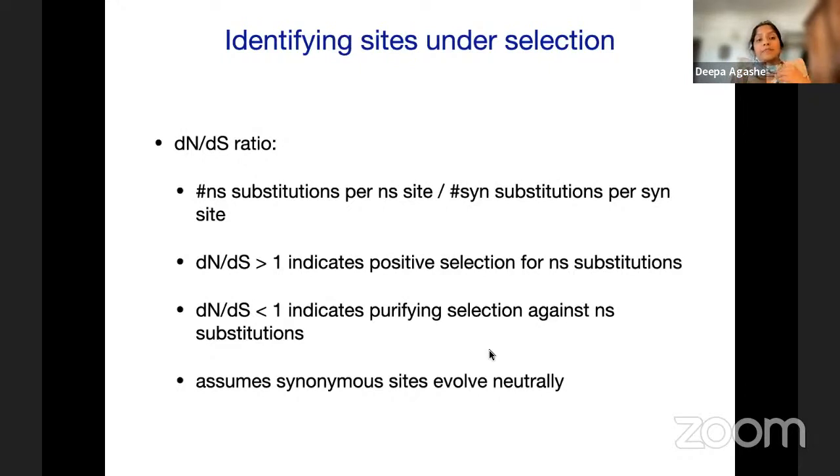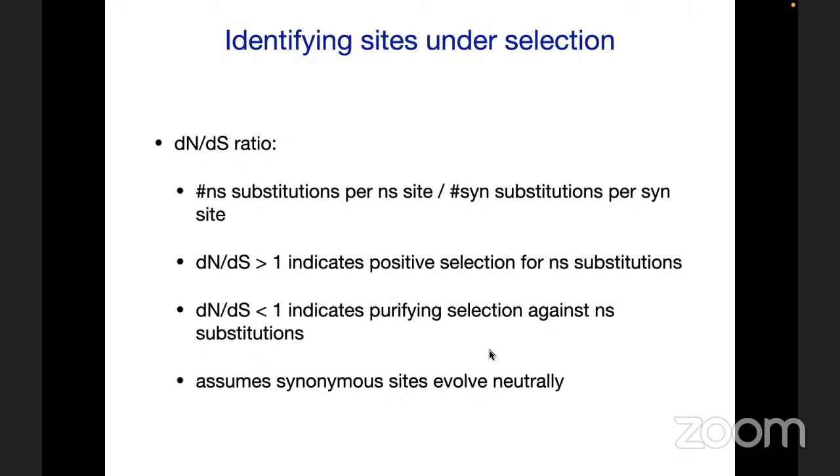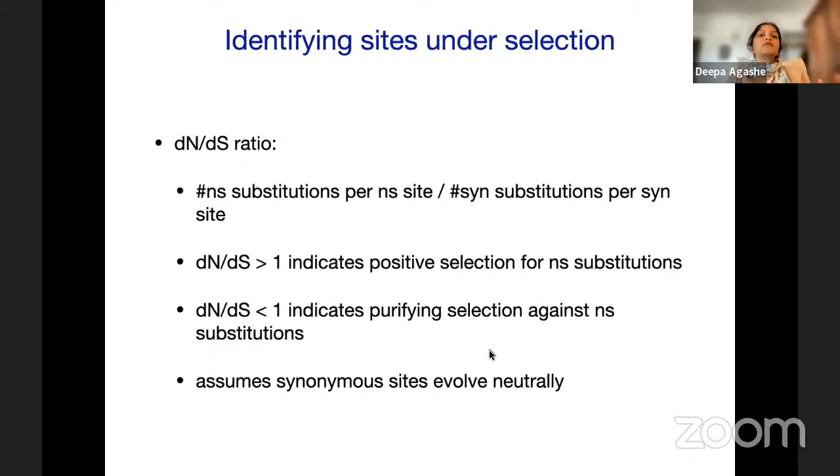But in the absence of that, many of these very general measures that people have come up with were all developed in an era where we simply had no idea what was going on in terms of function, even for coding sequences. So even DN/DS is completely agnostic to which mutation is happening. For example, it's not distinguishing between two different non-synonymous mutations. It's just saying in general, synonymous and non-synonymous mutations should behave differently.